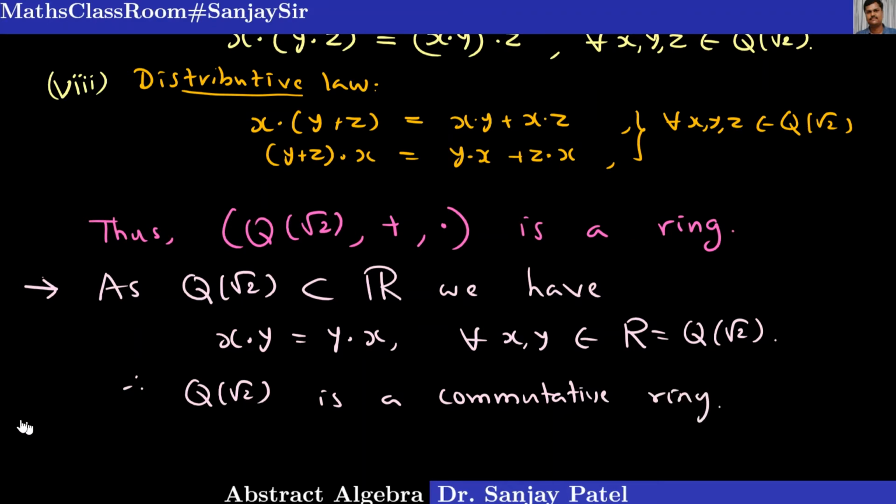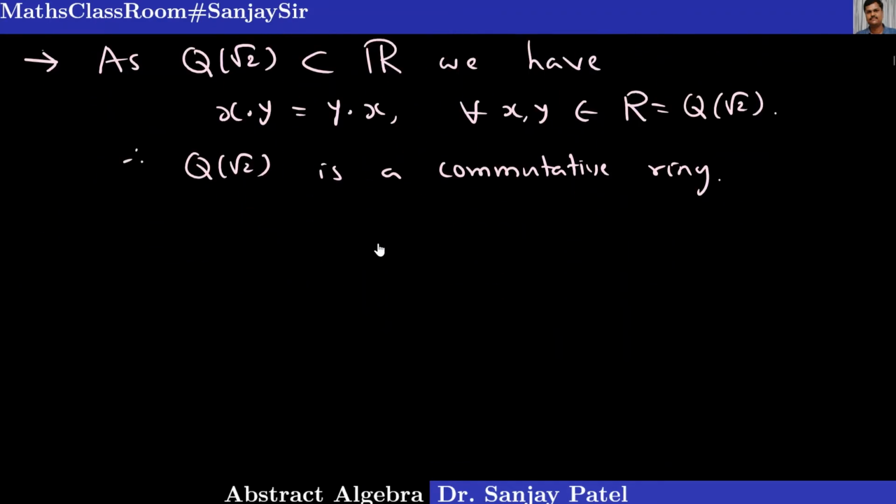And further, this ring also has a unity element, and the unity element is the element of the form, say 1 is equal to 1 plus 0 times root 2. Note that both 1 and 0 are rational numbers.